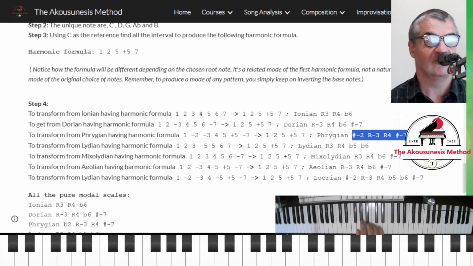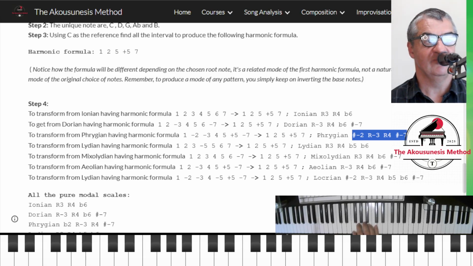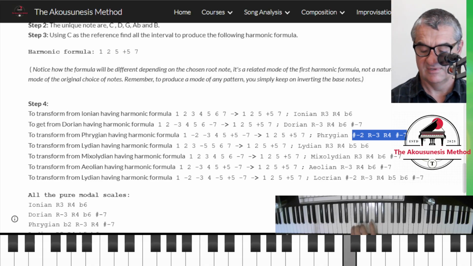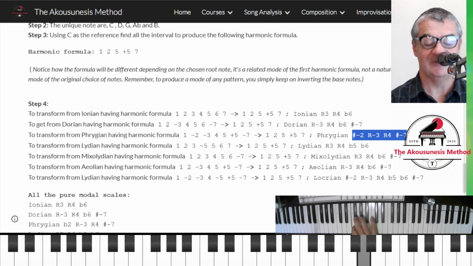Now you can sit there and work it out, right? We'll just do it in the key of C. So there's your Phrygian, and it's going to be remove minus 3 and 4. I think it's always good to start on this index finger here, so you can skip those easily. Then you work out which fingers you want to use.